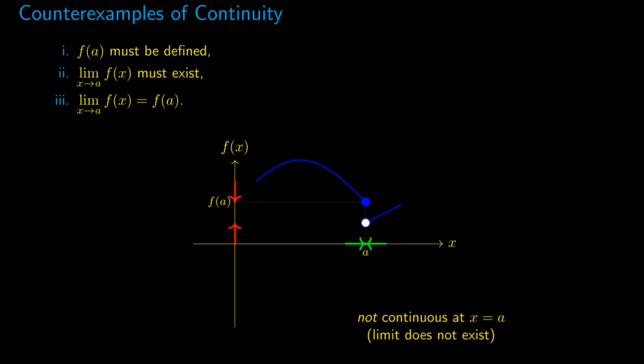So that limit as x approaches a of f of x does not exist for this function. So we're not abiding by property 2, that the limit as x approaches a of f of x must exist. So this example is also not continuous.